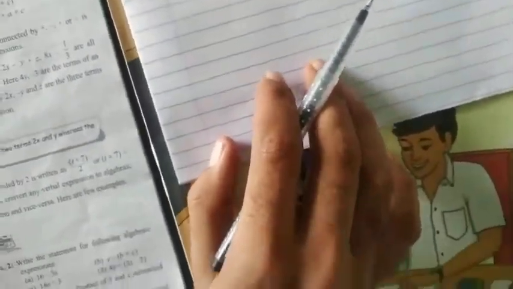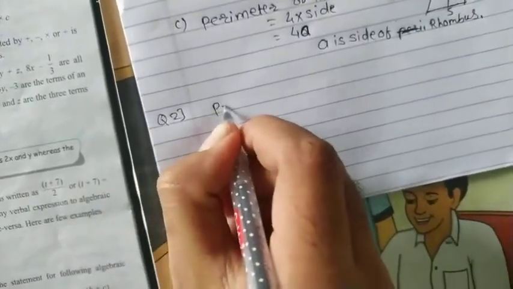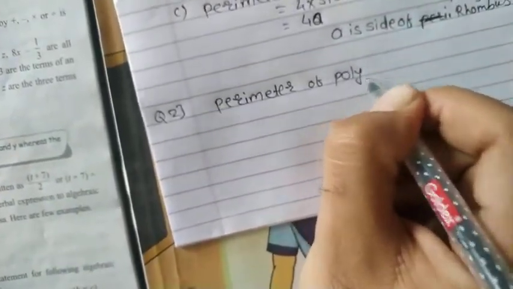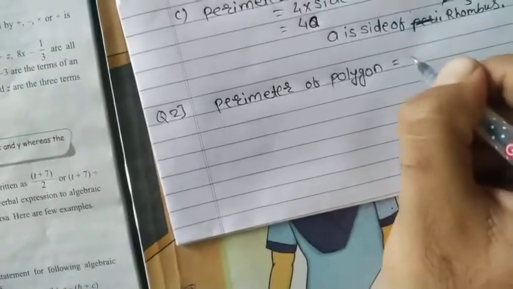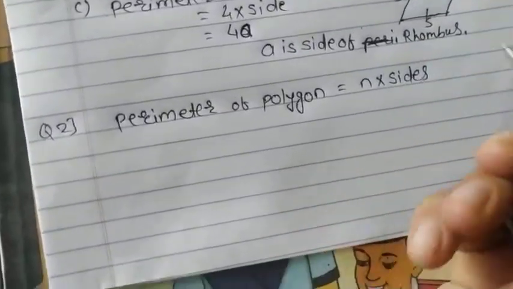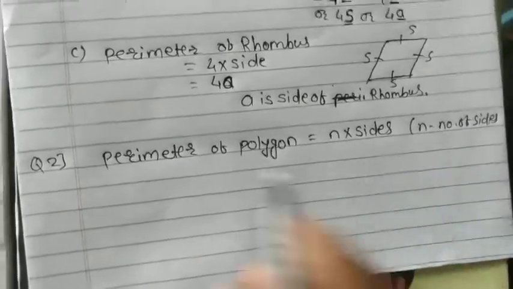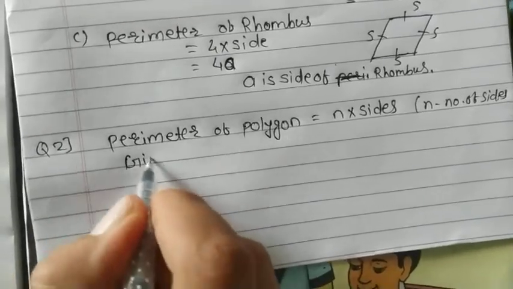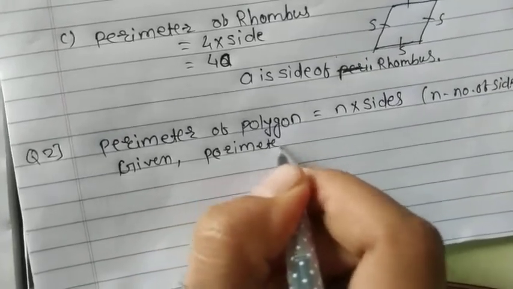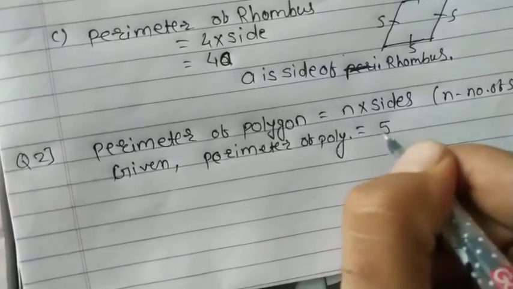Okay, so in a previous video we have seen that the perimeter of a polygon is equal to n into side, where n is the number of sides. And here we have given the perimeter of the polygon is equal to 5s.